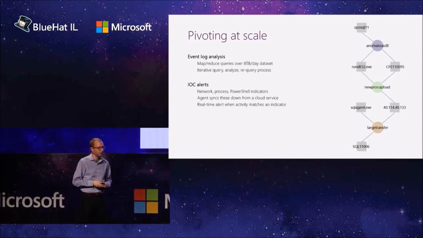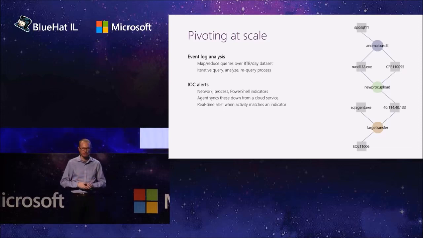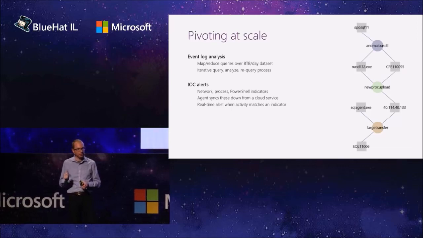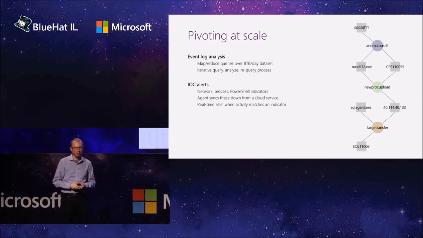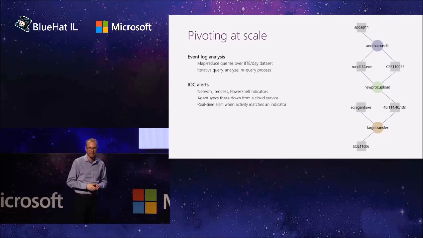And then next time they see communication with one of these known bad IOCs, I want it to give me a real-time alert. And so this is really effective, right? Once I find my red team's command and control server, I'm going to instrument my environment so that within 15 minutes, every other machine that's calling out to that server lets me know. That is far faster than any MapReduce query that I can write and execute across 8 petabytes of data a day.